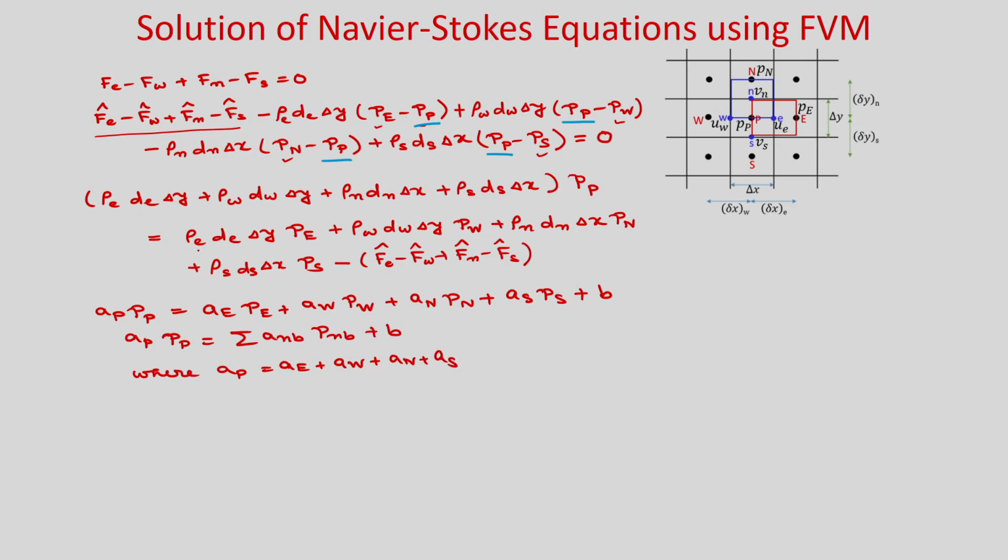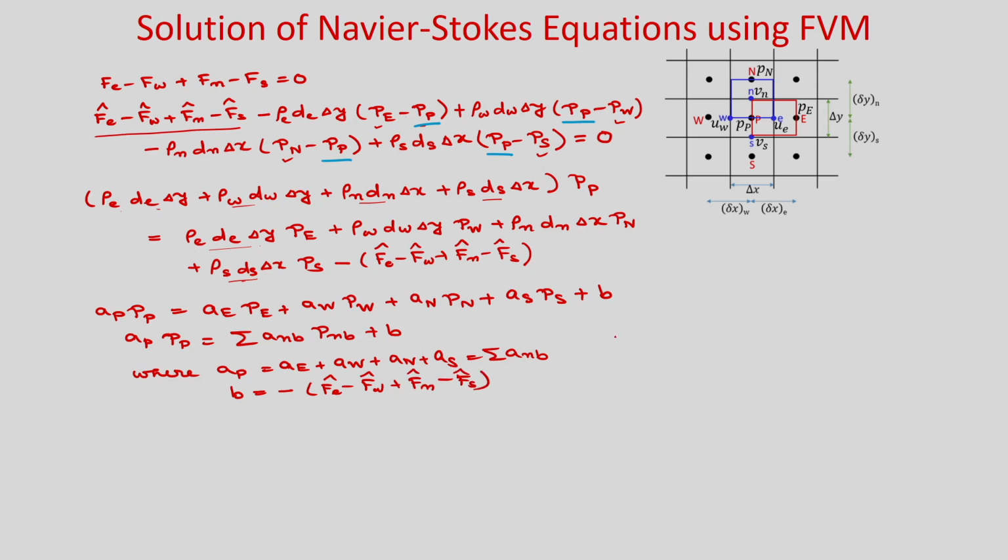You can see the coefficient Ae, this is your E, Aw, this is your W, An, this is your N and this is your As and this is your S. So, Ap is equal to summation of all the neighbors and B is equal to minus Fe hat minus Fw hat plus Fn hat minus Fs hat, okay.